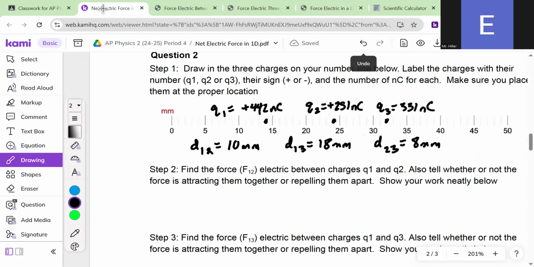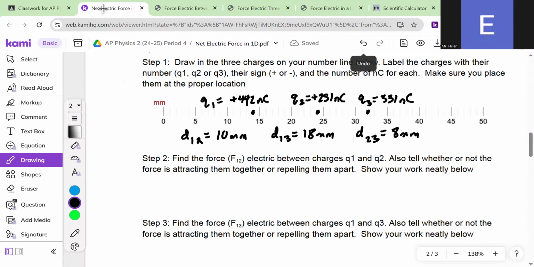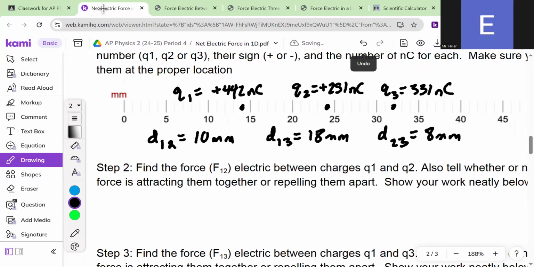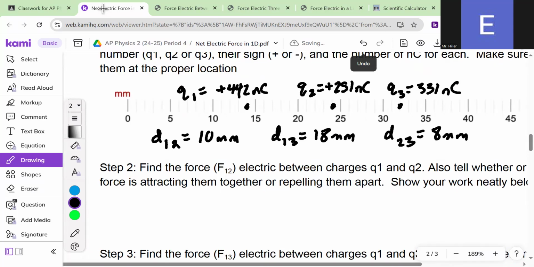Okay. So let's find the force between 1 and 2. Now, since all of these are positive charges, they will all push the other charge away. So for instance, these would be repelling. So let's find the magnitude of the force F12. So K Q1 Q2 over R squared.